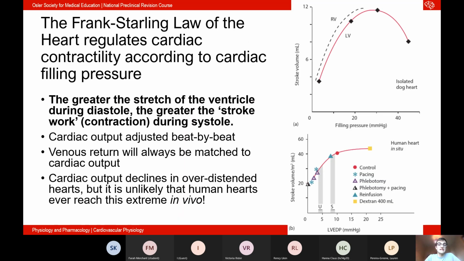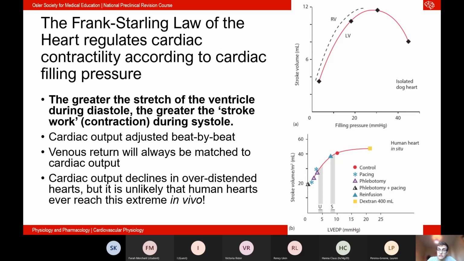And the Frank-Starling law, as I said, is really, really useful because it matches venous return to cardiac output, which is very important for maintaining a complete and happy circulation. It's very precise, on a beat-by-beat basis, and it generates this characteristic curve that I'm sure you've seen before. With increased pressure, we get increased stroke volume and cardiac output.